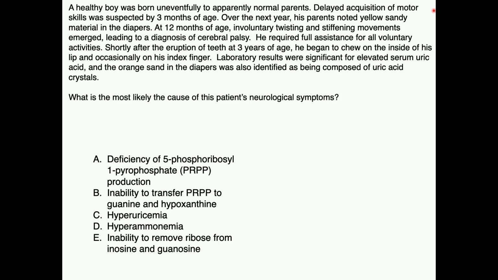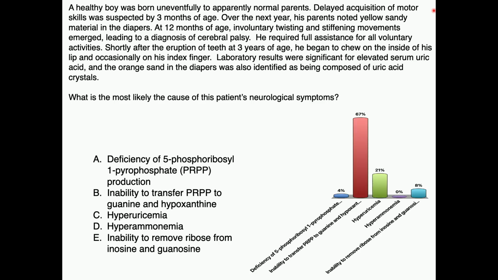Okay, everybody got a chance to answer this one? Okay, good. So B, transferring PRPP to guanine or hypoxanthine, that's the enzymatic activity of the hypoxanthine guanine phosphoribosyl transferase enzyme that is deficient in Lesch-Nyhan.